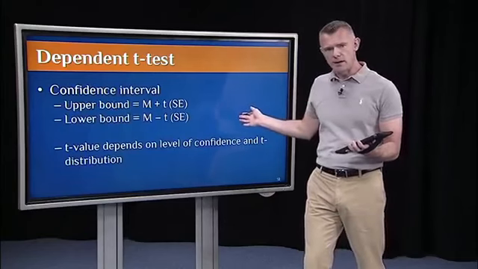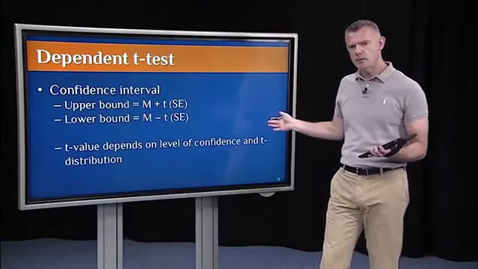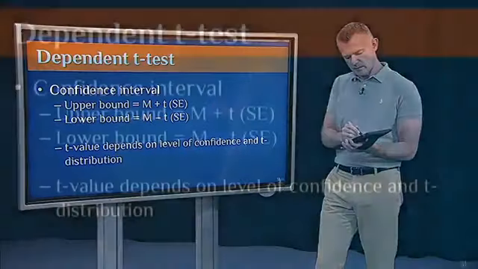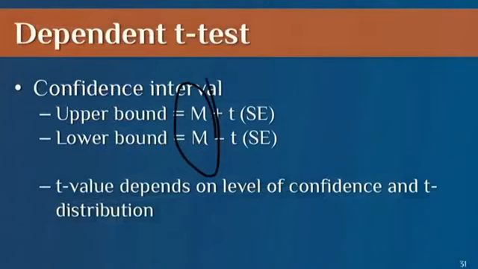And again, we can get interval estimates around these means rather than just point estimates. So we could get the mean of the difference scores, but then put an upper bound and a lower bound on an interval. And we get the upper bound and lower bound just like we did before when we were looking at confidence intervals for just sample means or regression coefficients.